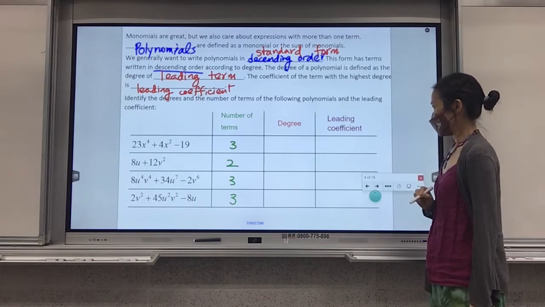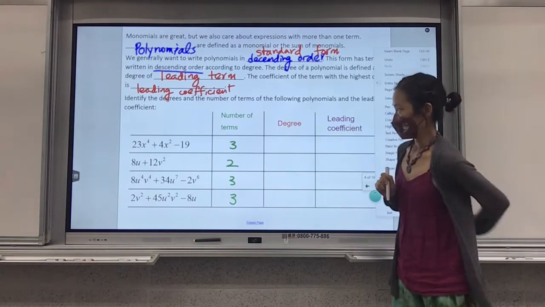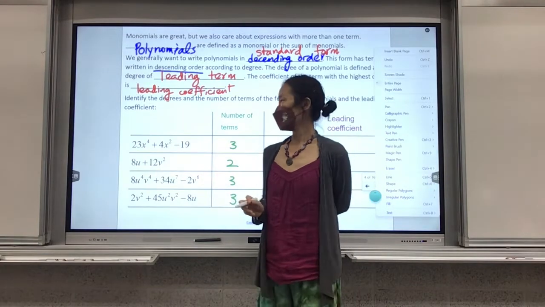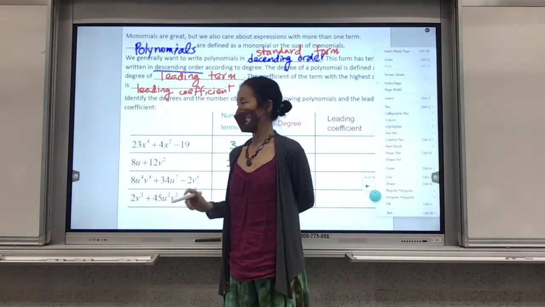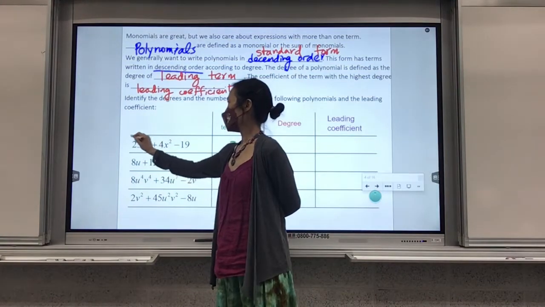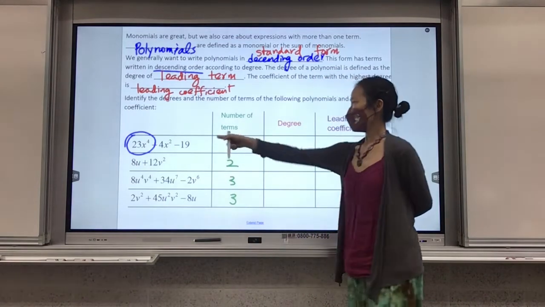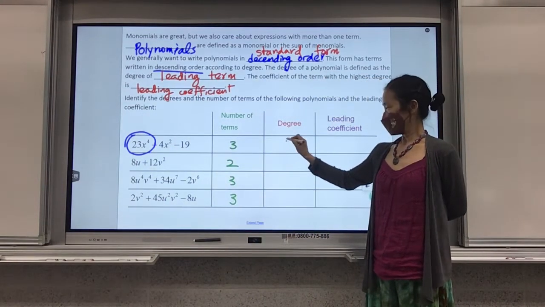Can we circle the leading terms? Which term has the highest degree? 23x to the power 4. Okay, that's the leading term. So from here, can you tell me the degree of the polynomial? Is it 6? Nope. No, 4.